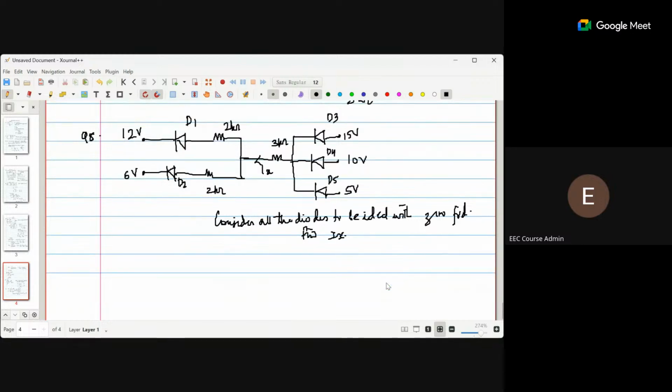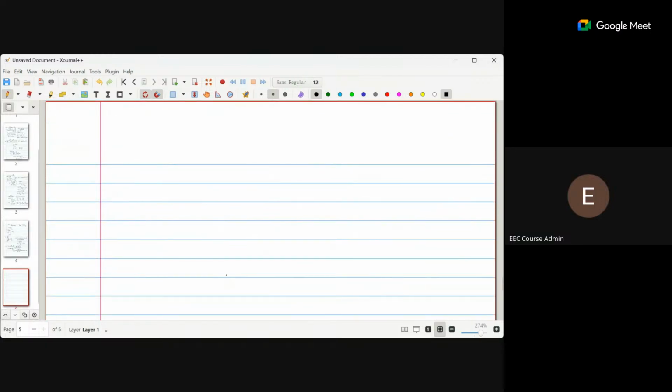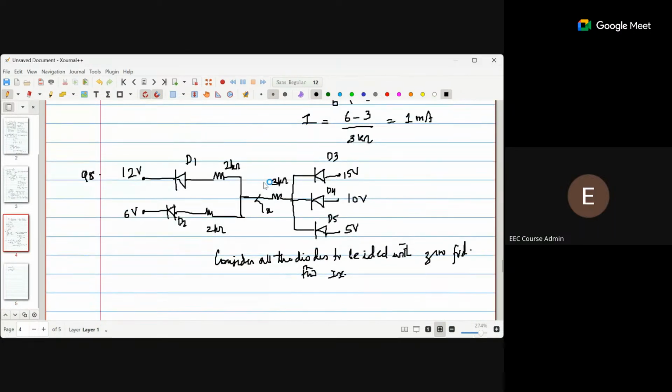So I will just draw this. Here this side, it will get connected to which one?